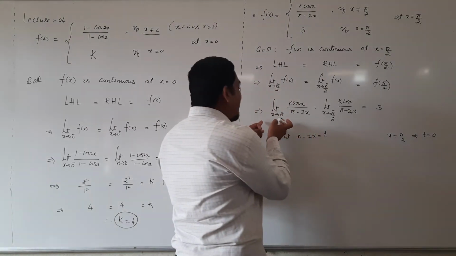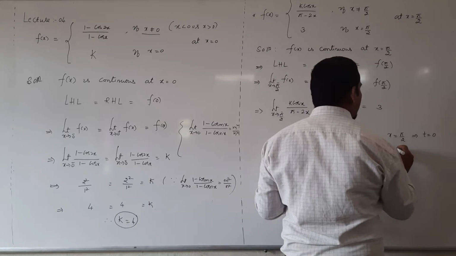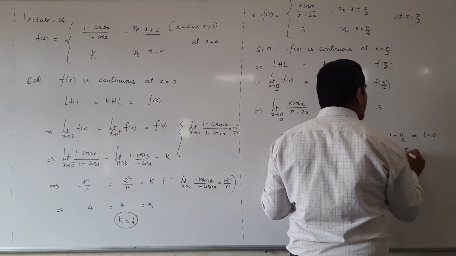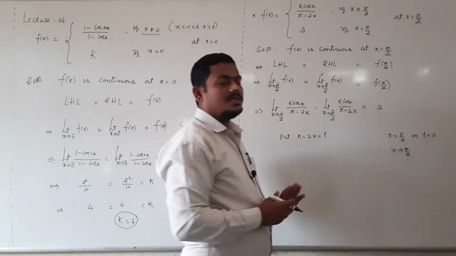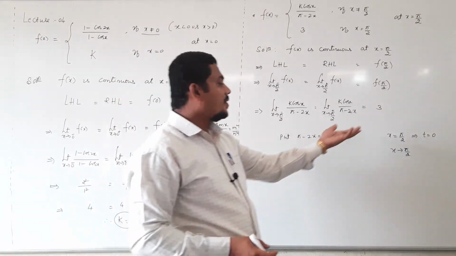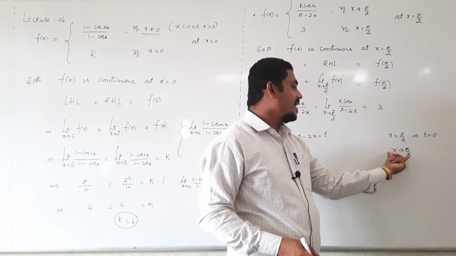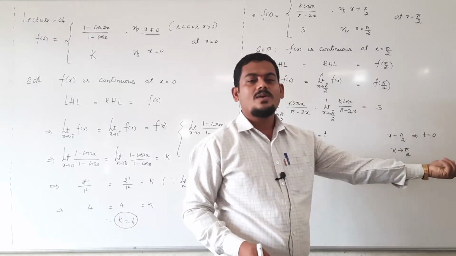But here x is not equal to pi by 2, it approaches pi by 2. When x approaches pi by 2, then what is t value? t approaches 0. If you take the exact value, then t is equal to 0. If you take approaches pi by 2, then t approaches 0.